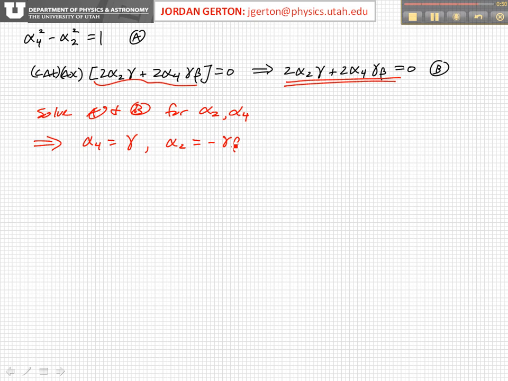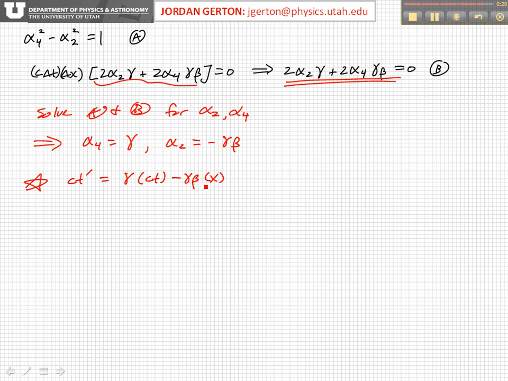Okay, so finally we have our Lorentz transform equations. So what we have is that ct prime is equal to gamma times ct minus gamma times beta times x.